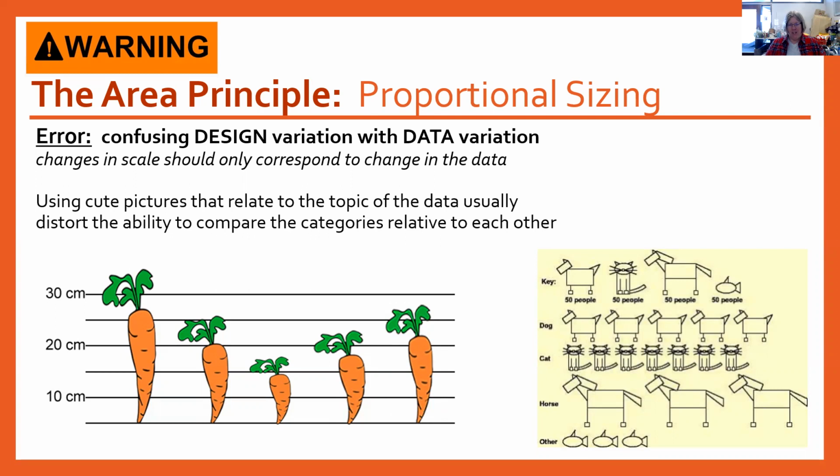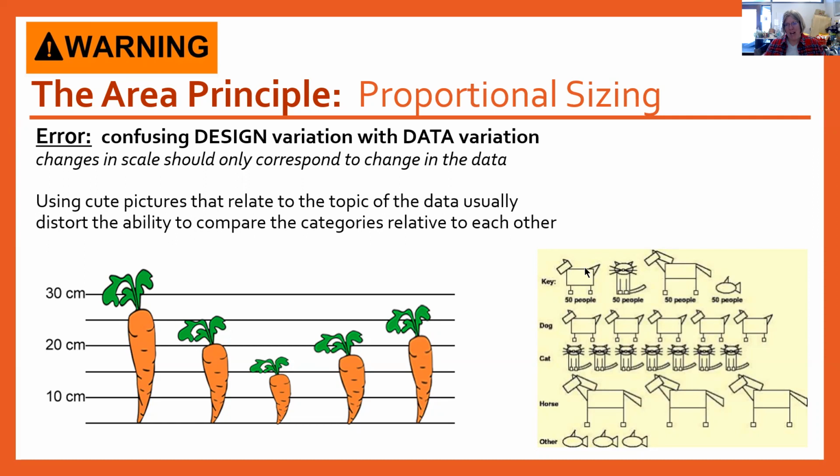So maybe the carrot in the middle, just the orange part itself, is about 15 centimeters. And then the orange part here is probably about 27 centimeters. So that's a little bit closer, but it is just really difficult to tell exactly what's going on there, right?